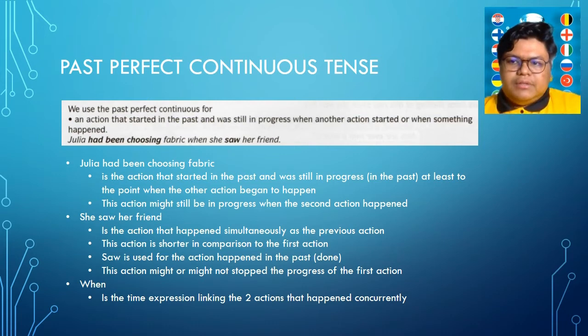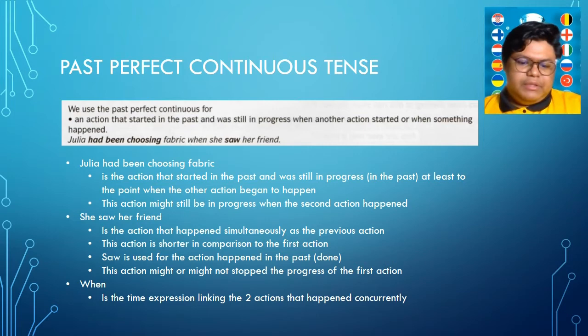So Julia had been choosing fabric is the action that started in the past and was still in progress in the past. Okay, still in the past, not in the present, at least to the point when the other action began to happen. Okay, so dalam situasi tu, waktu action kedua tu berlaku, action yang pertama tu masih lagi berlaku.